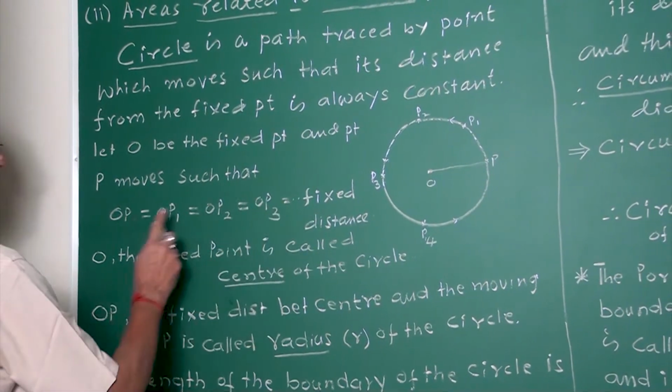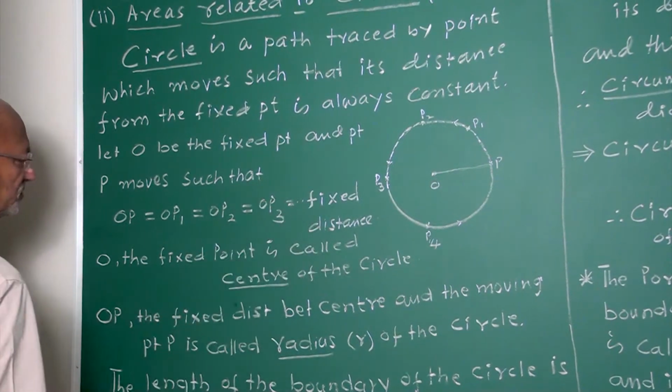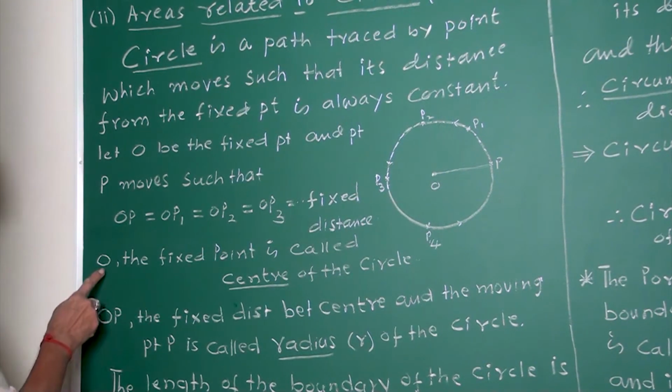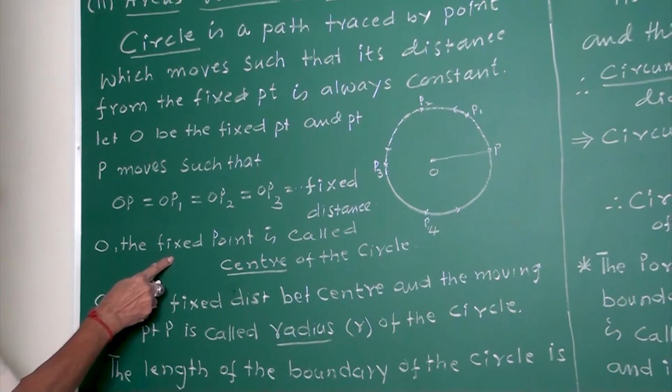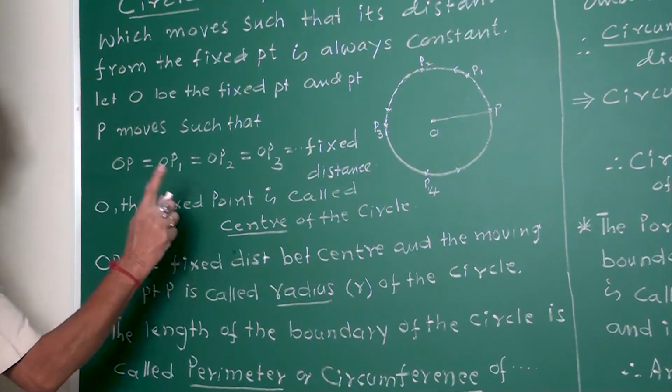OP equals OP1 equals OP2, OP3 is a fixed distance. My friends, O, the fixed point, is called the center of the circle.